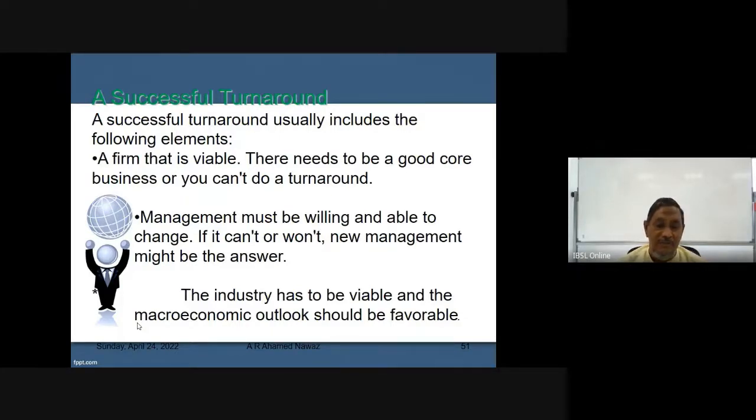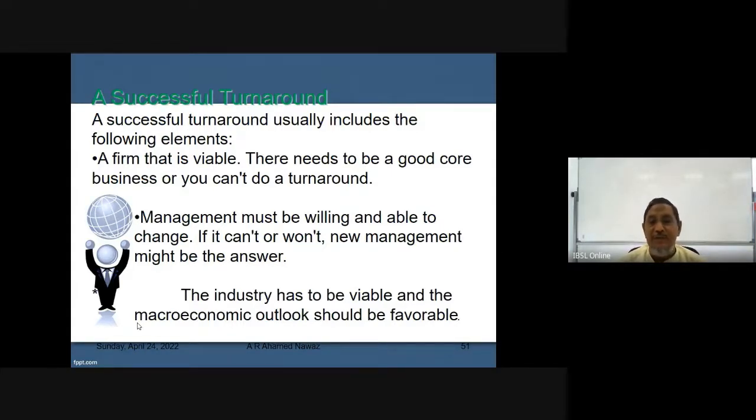Turnaround means businesses are facing difficulties, and we address the problems of the business and put the business back on track. The business can be turned around to viable operations.